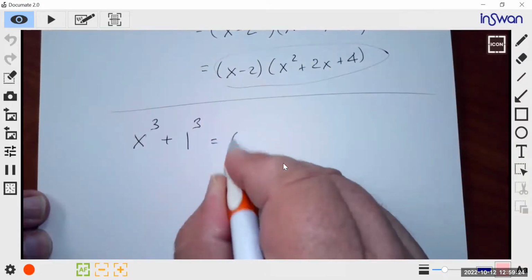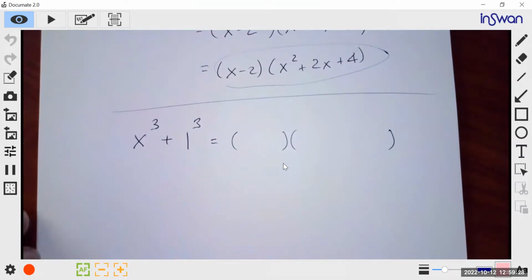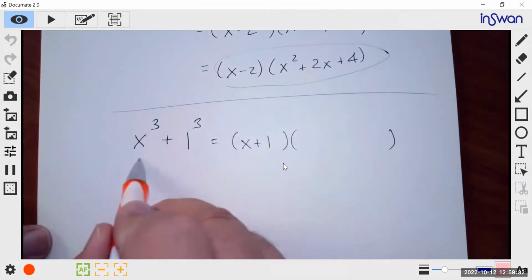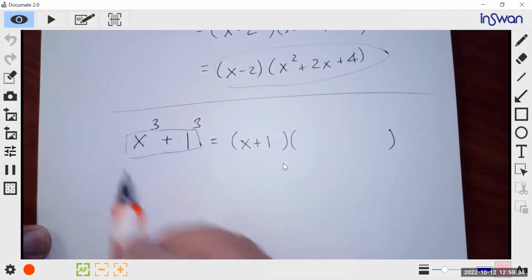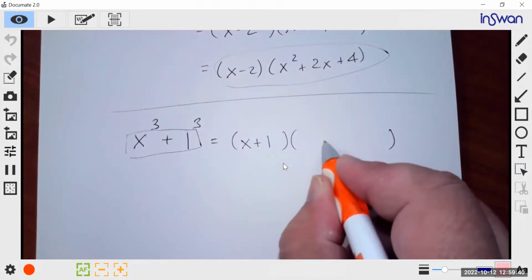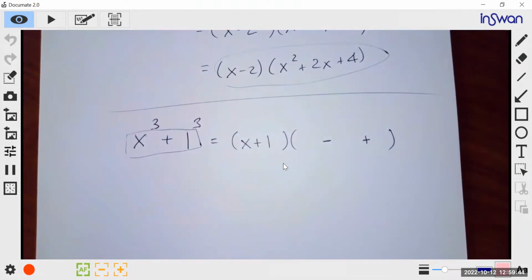So this one becomes x plus 1, because whatever is under the cubes goes inside the first parenthesis. We know the signs are going to be minus and plus inside here. The second sign is always plus.